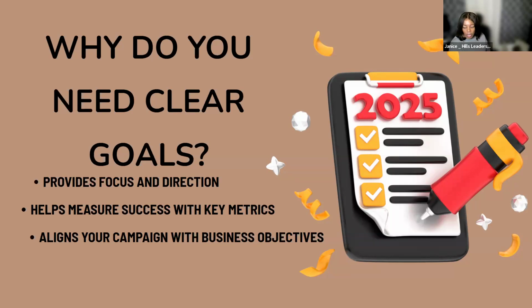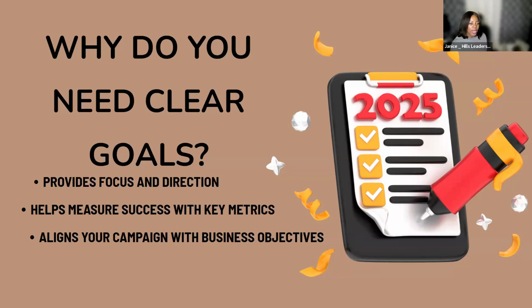The third thing that we want to talk about is we want to ensure that it aligns with our broader business objectives. And what does that mean? Well, you want to ensure that your email marketing campaign is in harmony with all of your other business goals and all of your other marketing strategies.